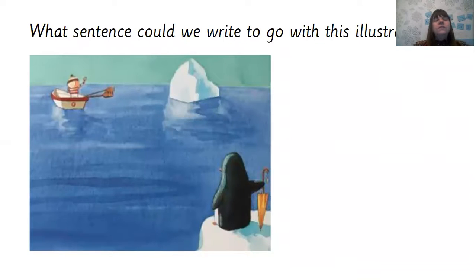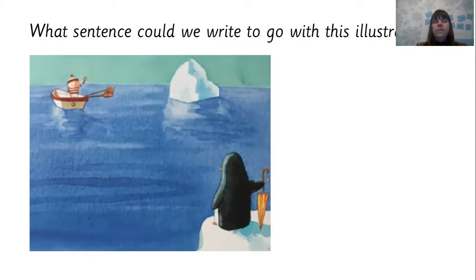So our first illustration is the boy. He's waving to the penguin and they're quite a distance away from each other at this point. What do you think the sentence could be that we could write? You can pause me again so you can talk to the adult person next to you and think of a really good sentence.